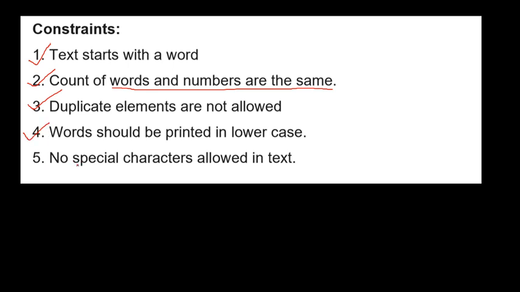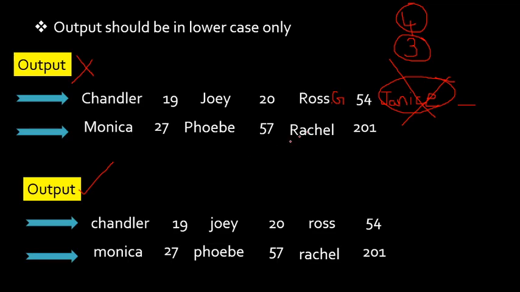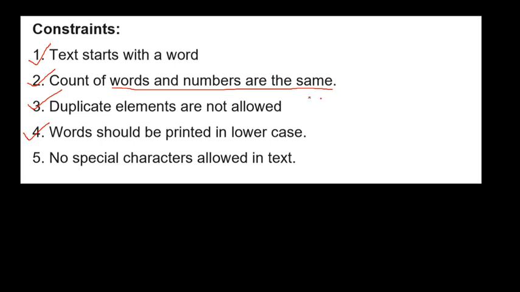Okay. Last one, no special characters are allowed in the text. Yes, in your text, I told you what if you had dot. Should dot be considered as ascending or descending order? We will have all those confusions, right? So they have said there are no special characters allowed in the text. Is the constraint clear for all of you? Yes, you will always start with the word.